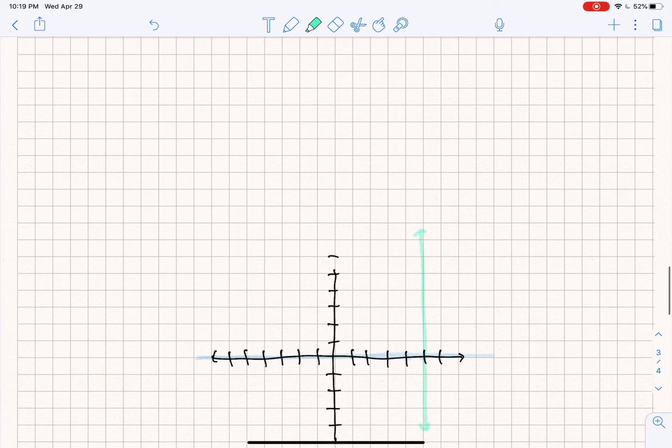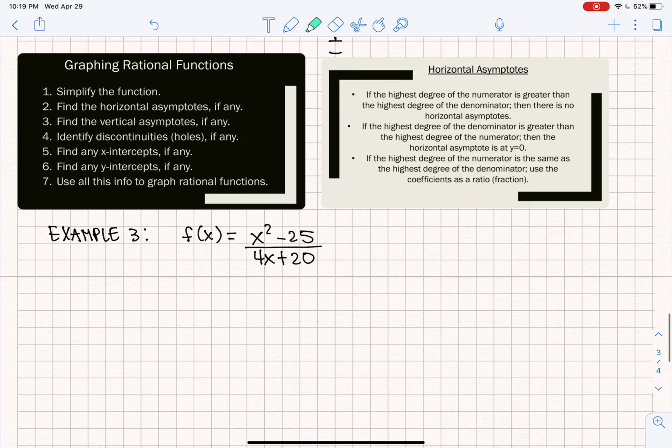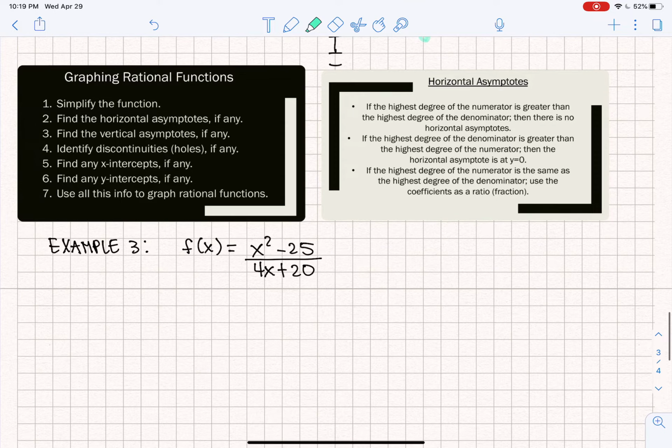All right, and we're going to go to the last example. Remember, we're going to continue this again tomorrow, doing 4, 5, 6, and 7. So first step is to simplify. This is a difference of squares, so I can write it as x plus 5 times x minus 5.